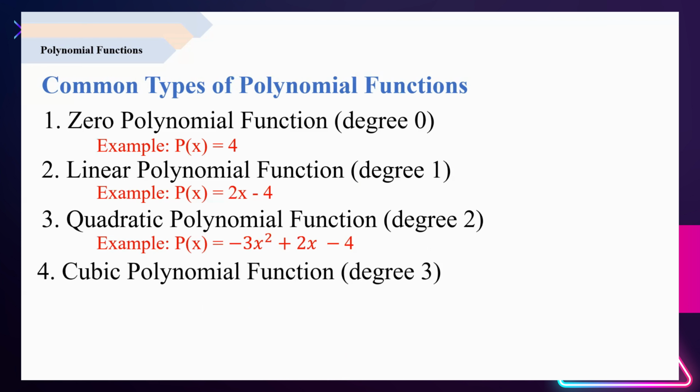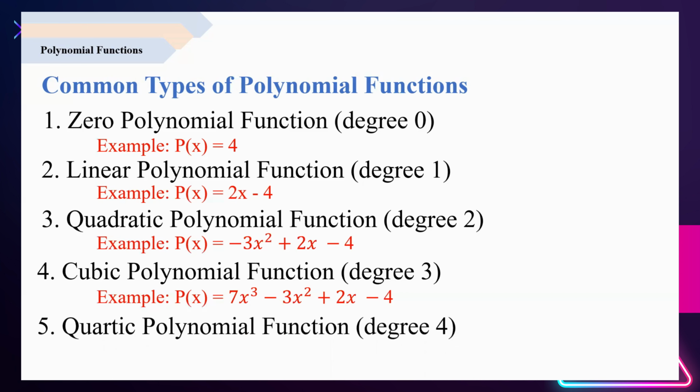Another, cubic polynomial function na kung saan naman ang highest exponent dapat ay 3. Halimbawa, p of x is equal to 7x cubed minus 3x squared plus 2x minus 4 is an example of cubic polynomial function because the highest degree is 3. Next, quartic polynomial function wherein the highest degree naman ay 4.